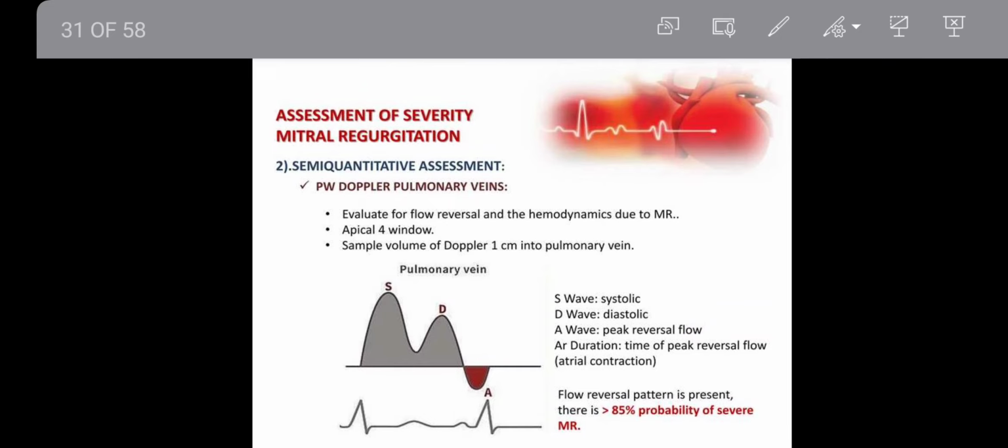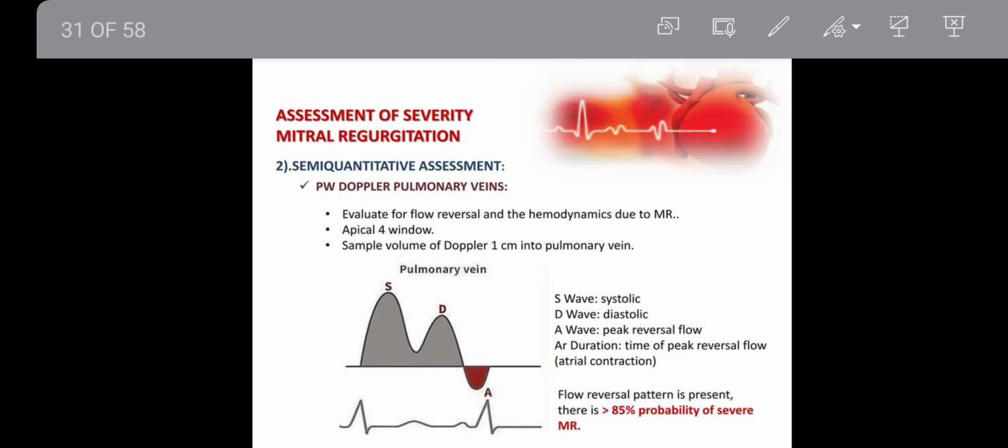Okay, then next is the pulse wave Doppler across the pulmonary veins. If we put pulse wave across the pulmonary veins, we evaluate for flow reversal and the hemodynamics due to mitral regurgitation. In the apical four-chamber view, place the Doppler sample volume 1 centimeter into the pulmonary vein. There we get the systolic and the diastolic.